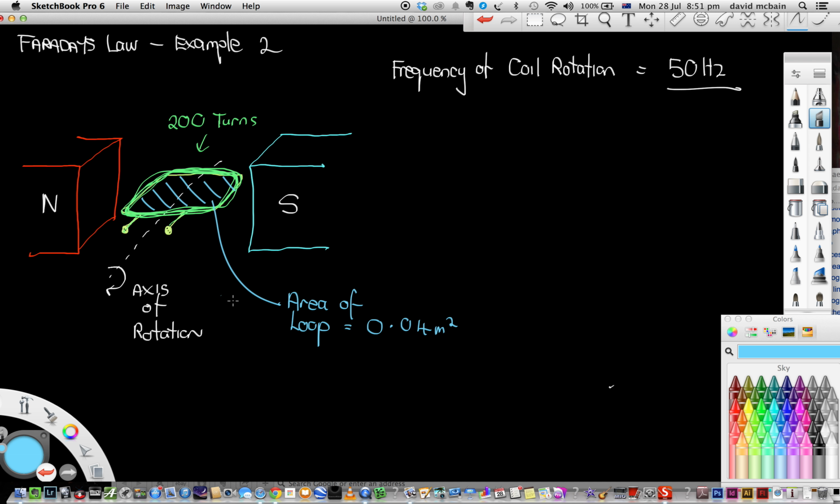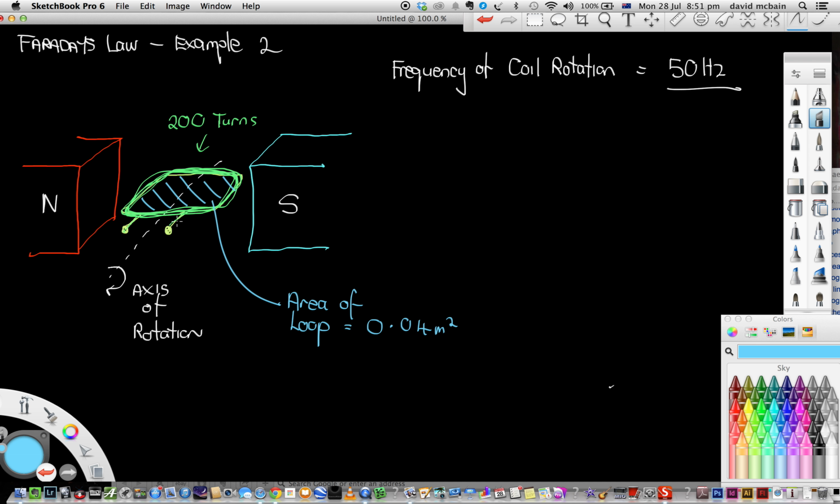Now the other dimension of this problem, which is different to the last problem, is this. I'm not giving you the time that it takes to go from one position to another. What I'm telling you is the frequency of rotation. In other words, this coil is spinning around and around and around with a frequency of 50 Hertz.